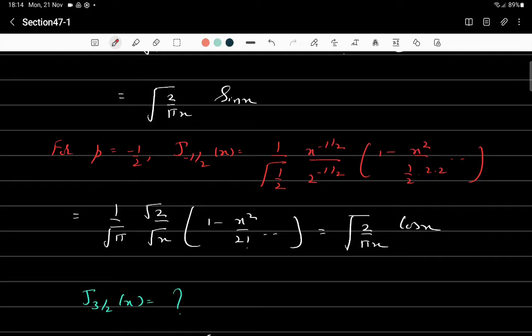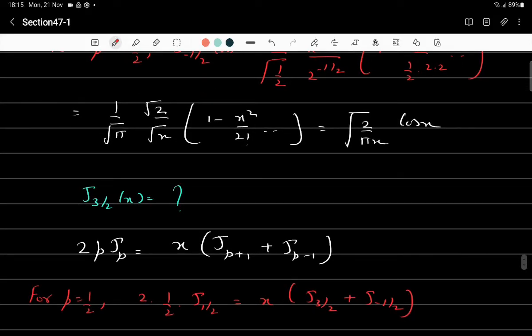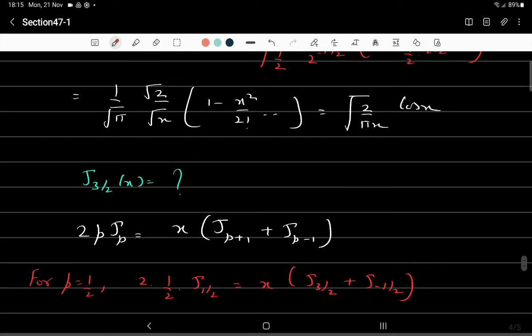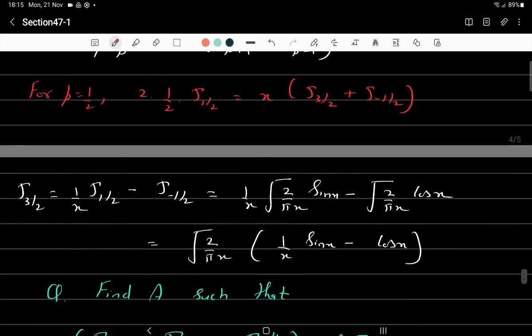So go through all the identities and see which one is the most suitable. If you use 2p Jp is x times Jp plus 1 plus Jp minus 1, and substitute p is equal to half, then it becomes very easy. On the right hand side, you have J 3 by 2. You can take J minus half on the left hand side, simplify it, and get the value of J 3 by 2.